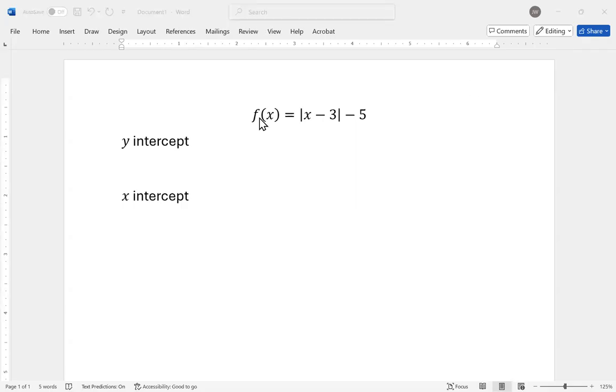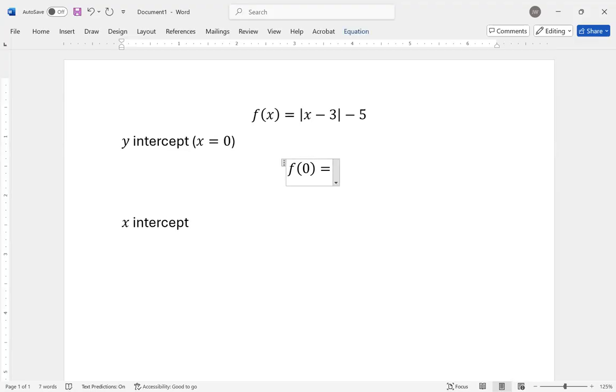Now, here we have f of x is equal to the absolute value of x minus 3, minus 5. To find the y-intercept, we're going to plug in a 0 for x. So we plug in x equals 0. In other words, I just plug in 0 into my function and I find the output. That output is going to be a y value.